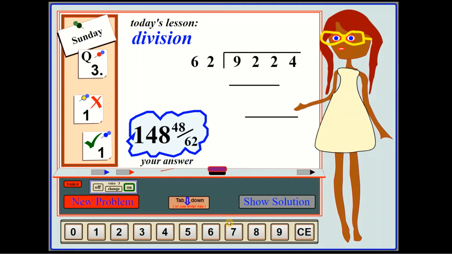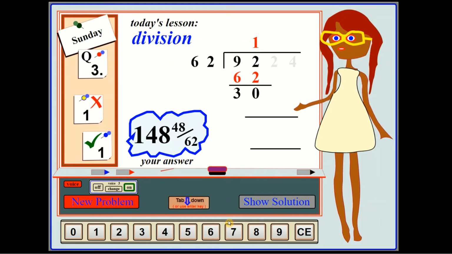9,224 is too big to work with in one piece. So we trim it to the smallest number bigger than 62. This is 92. 92 divided by 62 is 1. This shows that 1 times 62 accounts for 62 of the original number.